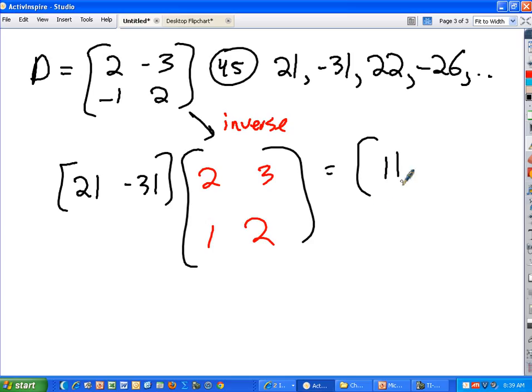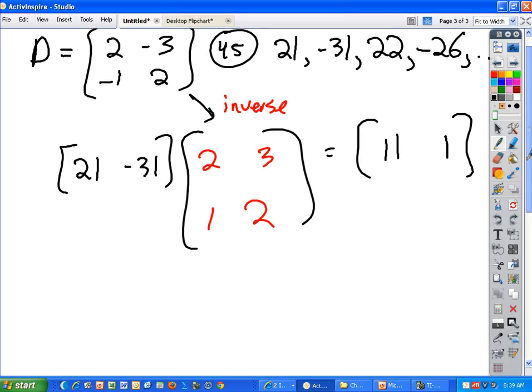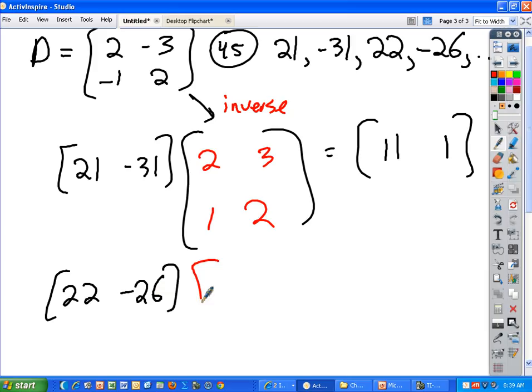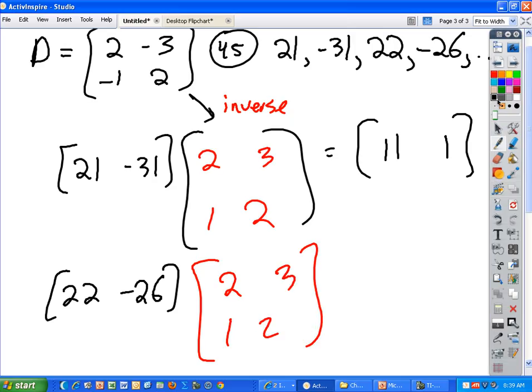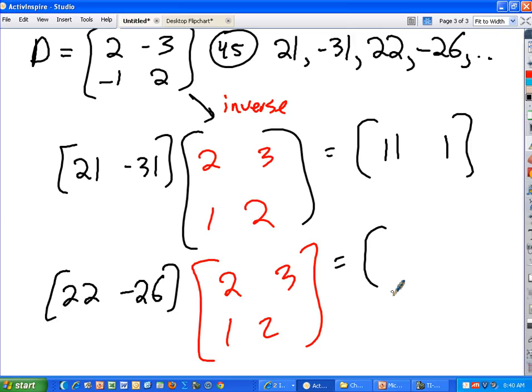And then we've got 22, negative 26. Times 2 is 44, minus 26 is 18. Is that right? Yeah. 22 times 3 is 66, minus 52, 14. So the first 4 letters would be this.